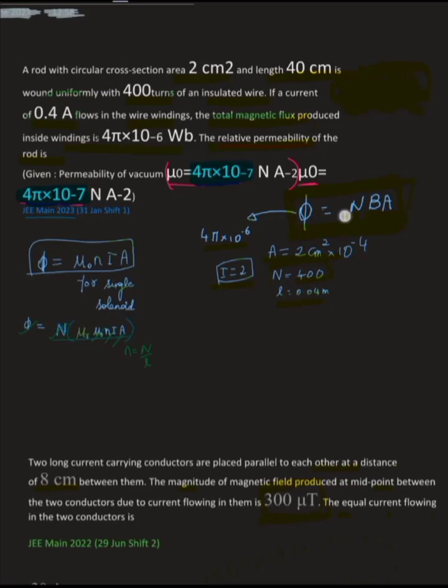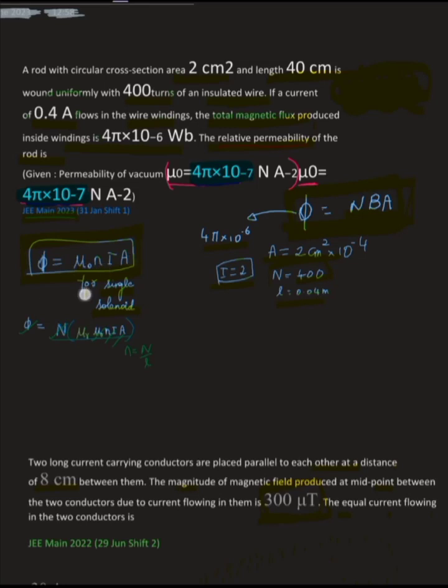So we know that the flux formula is N B A. As for a single solenoid, the formula is mu naught n I, times A. There are derivations, but for competitive examinations, the direct formula is very important as far as JEE and NEET are concerned.